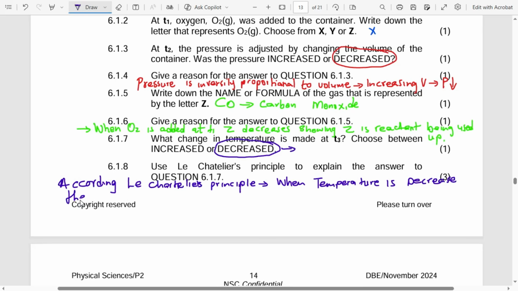The system opposes the change, which is the stress caused, the change by what? By favoring the exothermic reaction.